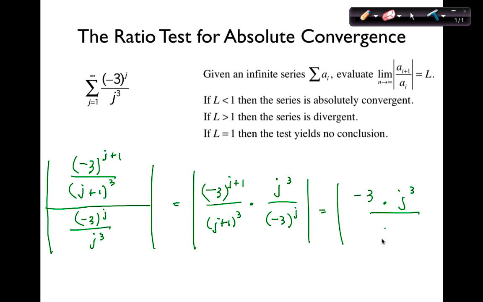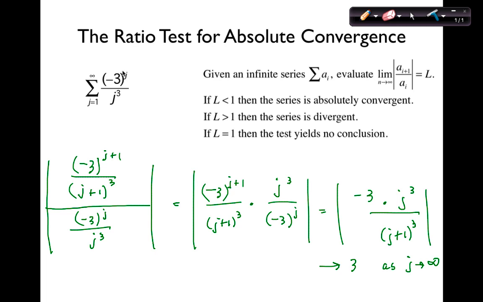Now we have to remember our sequences, right? As j gets very big, what will this thing do? We've got j cubed over j plus 1 cubed. This will go to what? That will go to 1. We have -3, absolute value goes to 3 as j gets big.